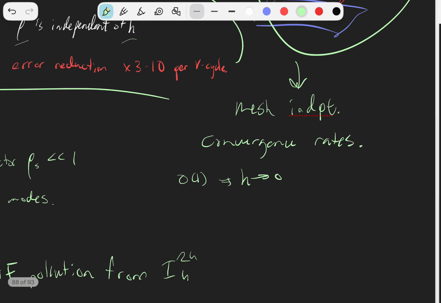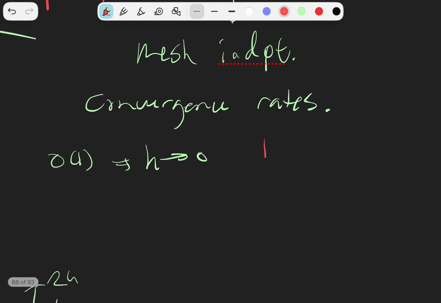And so the total work to have an optimal complexity for n unknowns would be of order n. Okay, so there we go. That's essentially everything that we have.